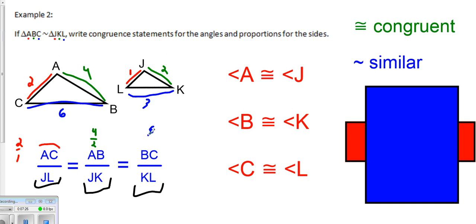So we'd have 6 to 3, which again would reduce to 2 to 1. So you can see how all of these ratios, they're the same exact ratio even though they're written with different numbers, but they would all match up because ABC is exactly twice as big as JKL.